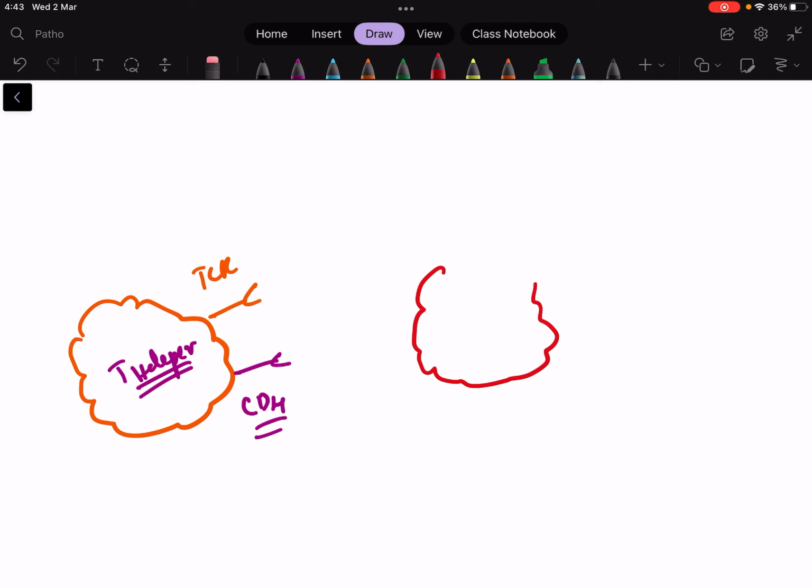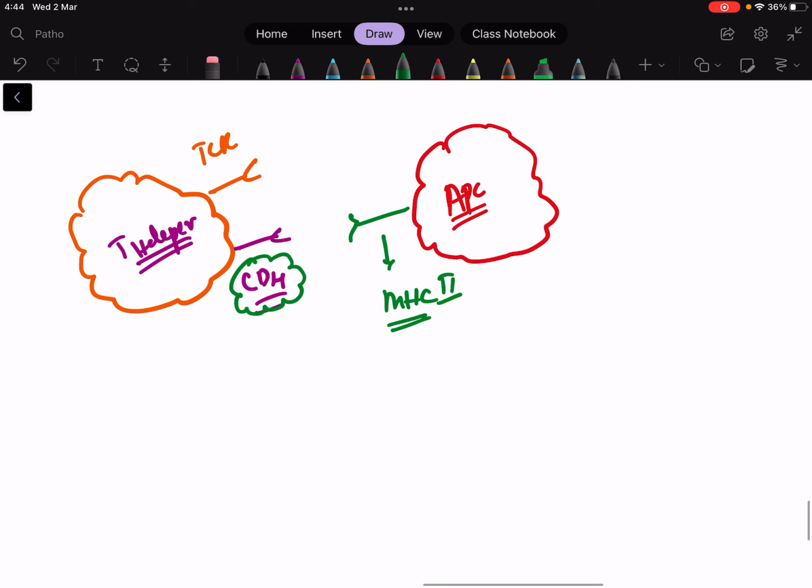Suppose this is an antigen presenting cell, and this antigen presenting cell will only have MHC class 2. It means the T helper cell which consists of a CD4 positive receptor will only react with antigen presenting cells which have the MHC class 2 receptor.